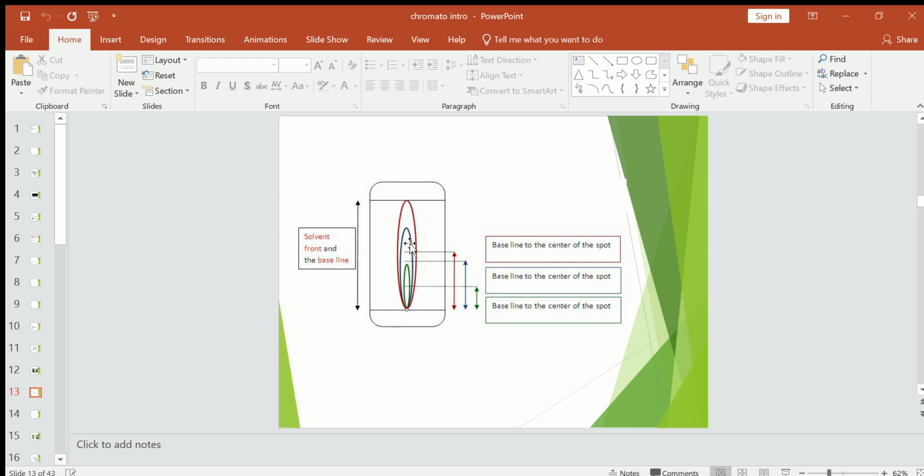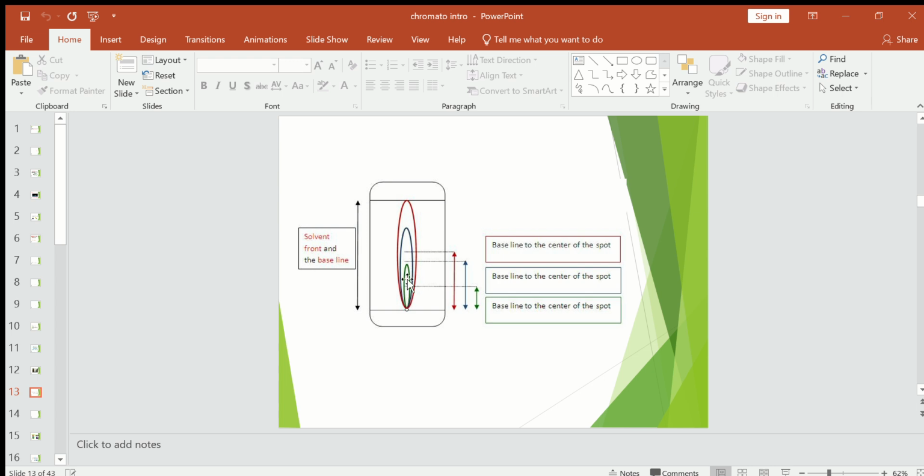After separation, you remove this plate, you allow it to dry, and now you have to calculate the RF value. For this, you will measure with the help of a scale the distance between the baseline and the solvent front, then the distance between the baseline and the spot, whatever the spot is.